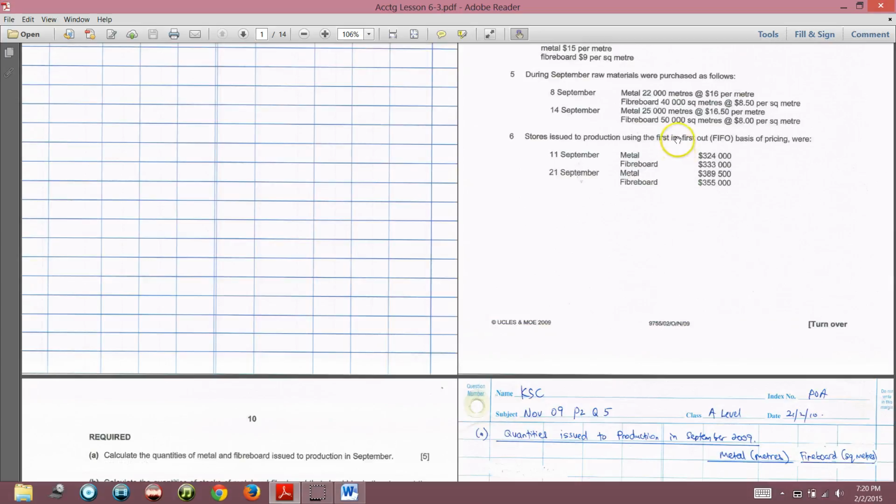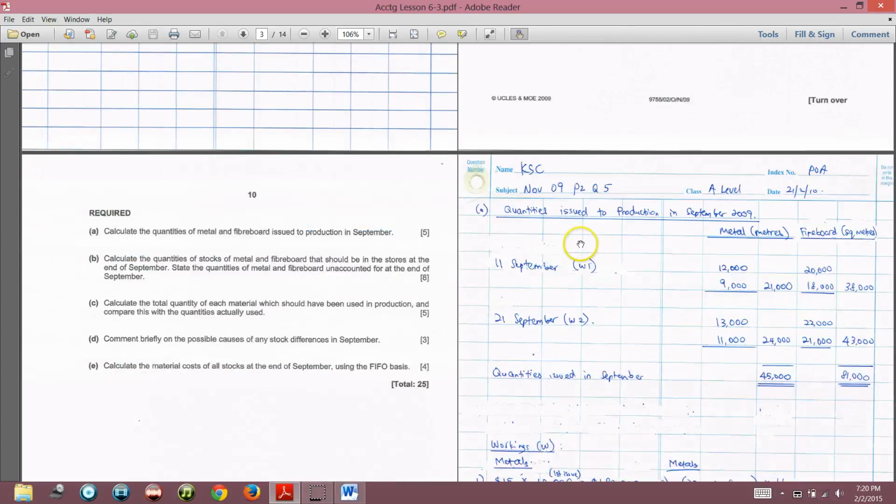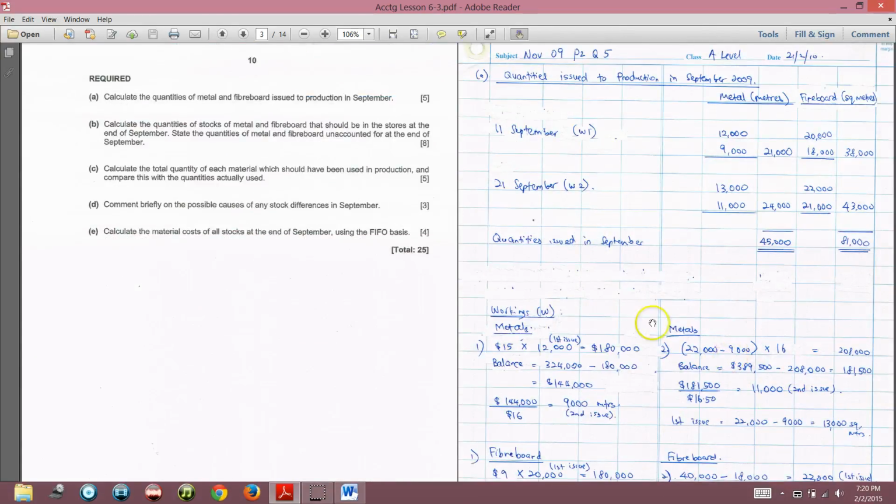So 22,000 minus 9,000 is 13,000. This quantity of 13,000 was issued to production on 21 September, and the cost of these 13,000 meters of metal is $208,000.